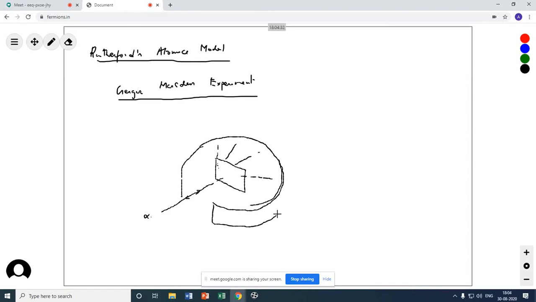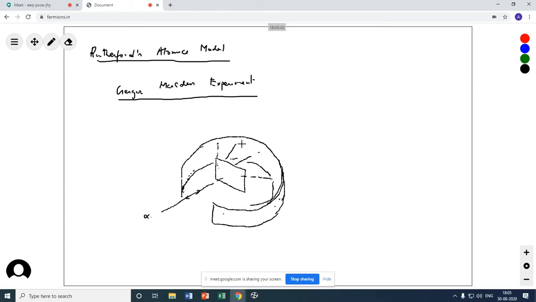The function of the screen is just a photographic plate. When an alpha particle hits this screen, it creates scintillation dots, because the alpha particle affects the photographic plate. So when they reach this plate, it gives rise to scintillation dots like this.